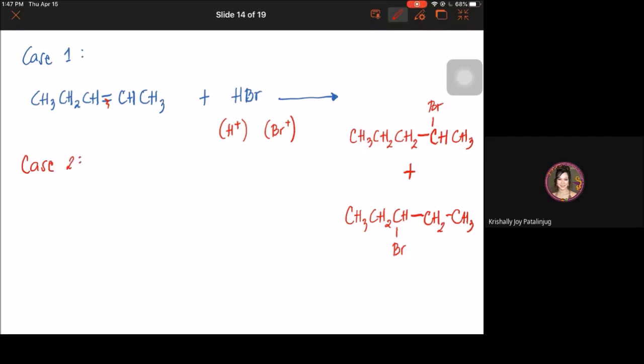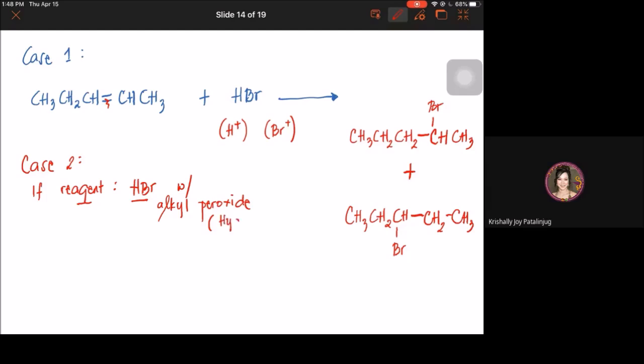Okay, case 2. If the reagent being added is hydrobromide, specifically in the presence of an alkyl peroxide. Again, this is another case nga you have to remember, under hydrohalogenation. If the reagent being added is hydrogen bromide in the presence of alkyl peroxide, example, ang pinaka-simplest nga alkyl peroxide is, di ba, yun ang panghinlo sa ears, kanang hydrogen peroxide.